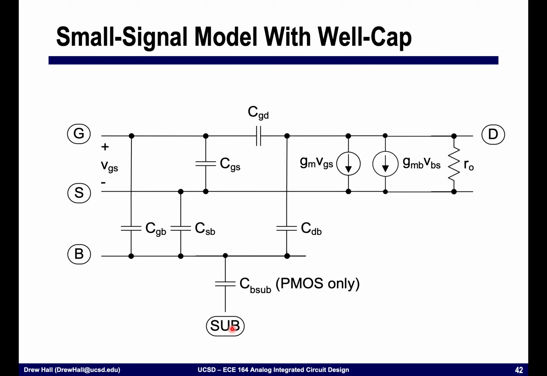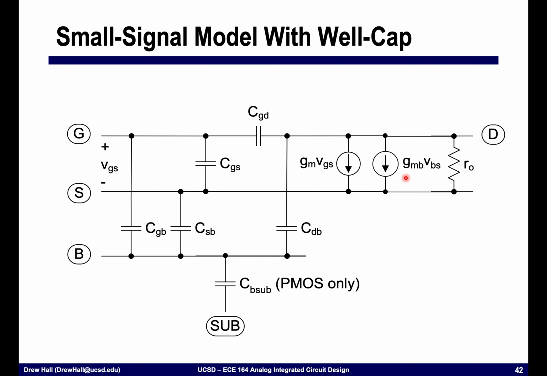One thing that I would like to point out about this model is that it looks very complicated. We've added 1, 2, 3, 4, 5, 6 potentially capacitors, an output resistance, and an additional transconductance. We're going to get very good at understanding what parameters we need to keep and what parameters we can make first order approximations with and not worry about.